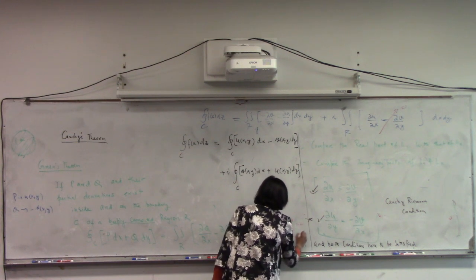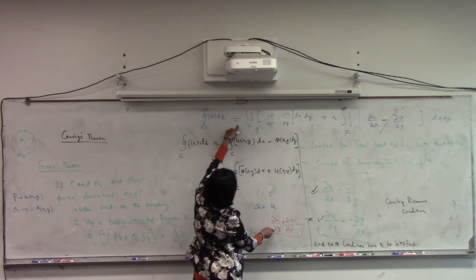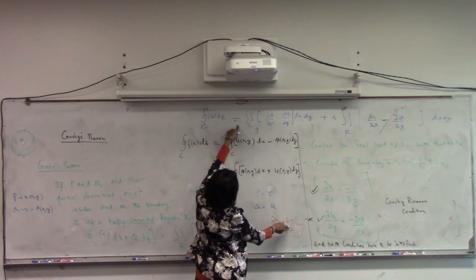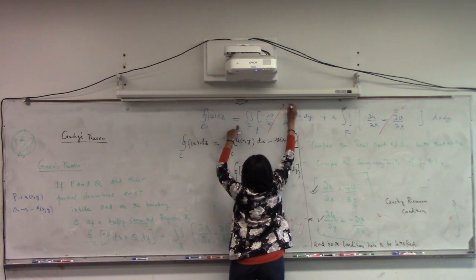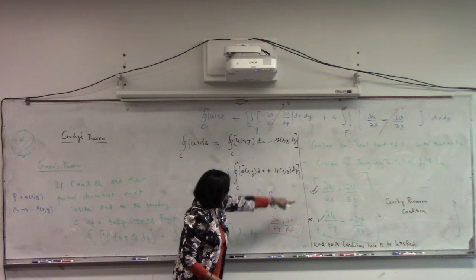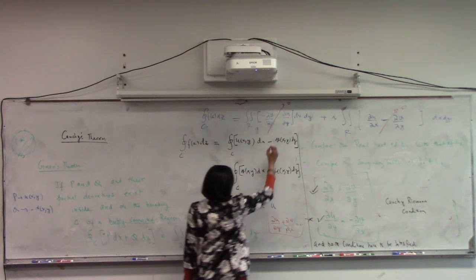This condition becomes that. So it's negative of partial u with respect to y plus partial v with respect to x is 0. Okay. So this term is also 0 from the Cauchy-Riemann condition.